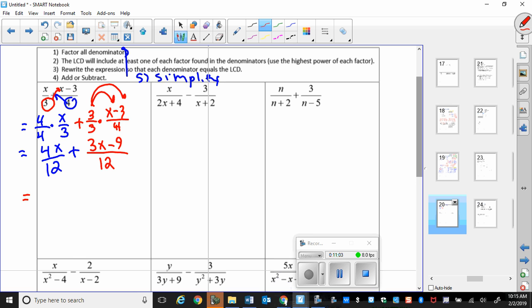Simplifying, I push these together because the denominators are the same. I get 4x plus 3x minus 9. This equals 7x minus 9 divided by 12. Final answer.